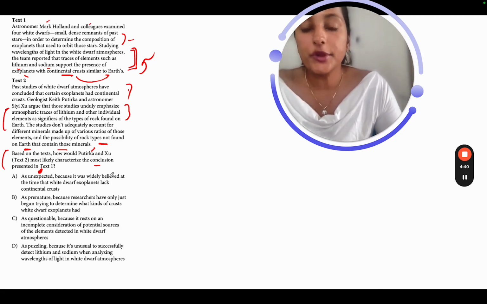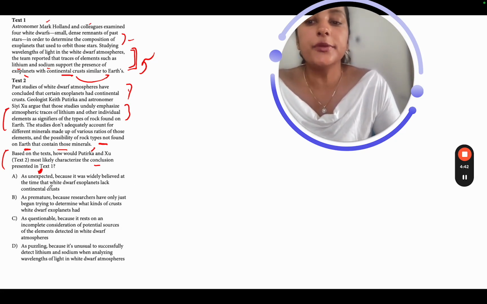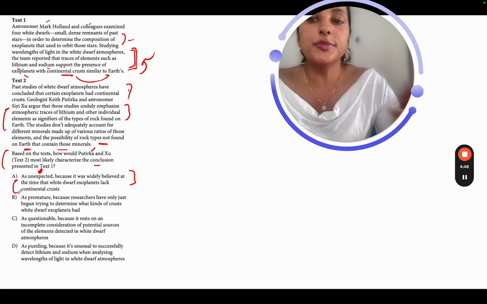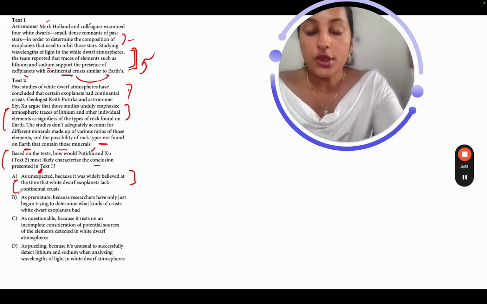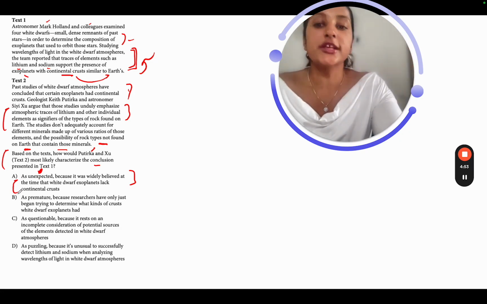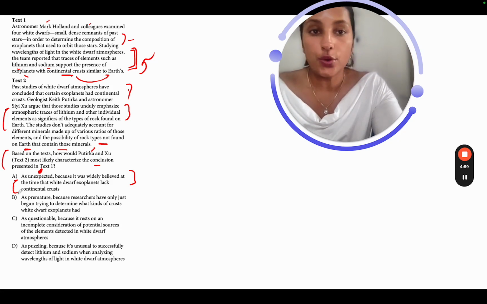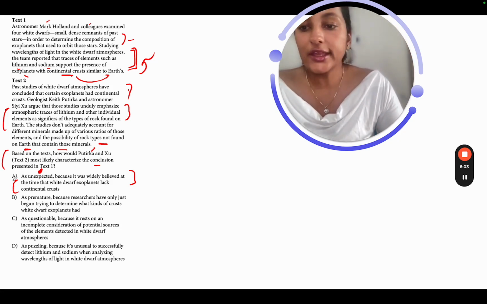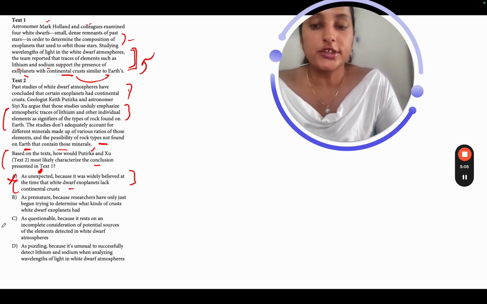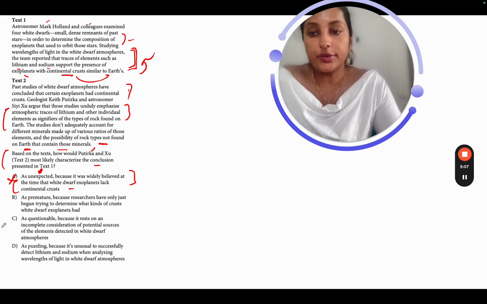As unexpected because it was widely believed at the time that white dwarf exoplanets lack continental crust. Was this a widely held belief? I don't know. Text 1 and text 2 don't tell me about the belief, or whether it was widely held by researchers or not. I have no clue. It's nowhere mentioned in text 1 or text 2. So A is definitely out. This is out of context, irrelevant, not given.